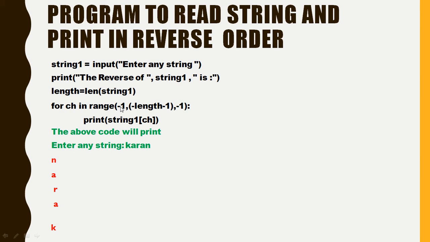Therefore, basically we would have written -1 to minus length in steps of -1, but we write -1 to minus length minus 1 in steps of -1. Then print string1 of ch; the above code will print in reverse order. So we have entered KARAN. If I enter the given string KARAN, it will print in reverse order, NARAK.